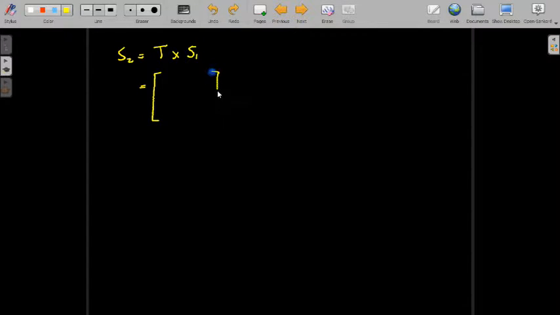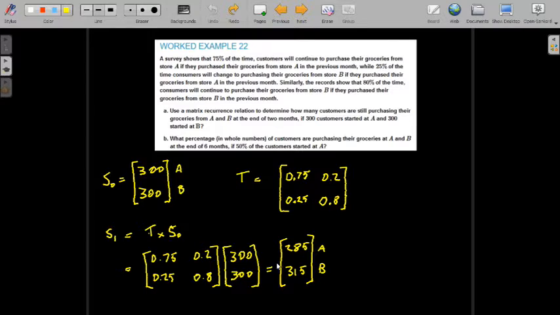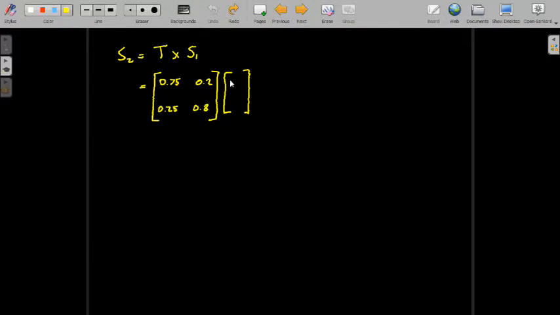So I've got my transition matrix in here, and I'm multiplying it by the matrix we just worked out previously, which was this one here, 285, 315. And if we put that in our CAS and work it out, we'll get 276.75 and 323.25.